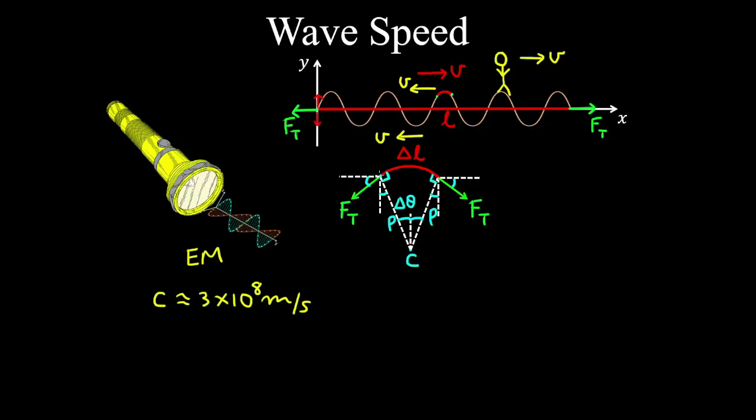Now if we take a sum of forces in the horizontal direction, we have minus FT cosine delta theta plus FT cosine delta theta. So given the forces balance, then the string element is in dynamic equilibrium in the horizontal direction.